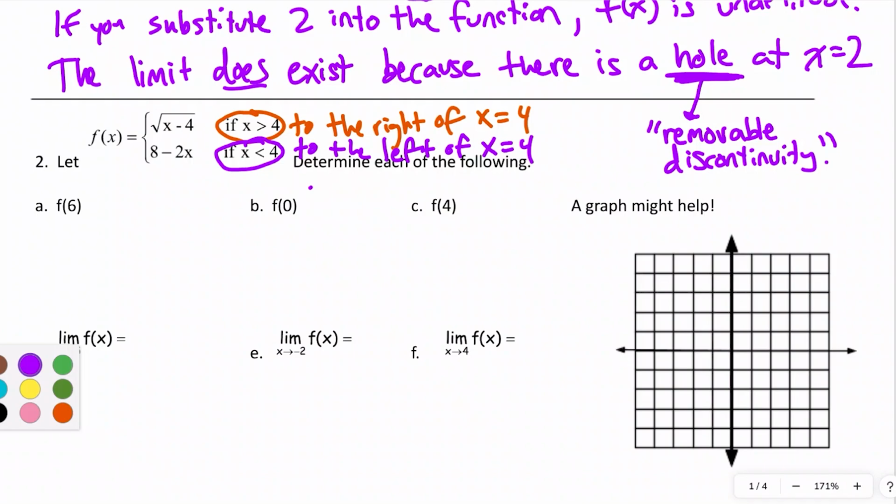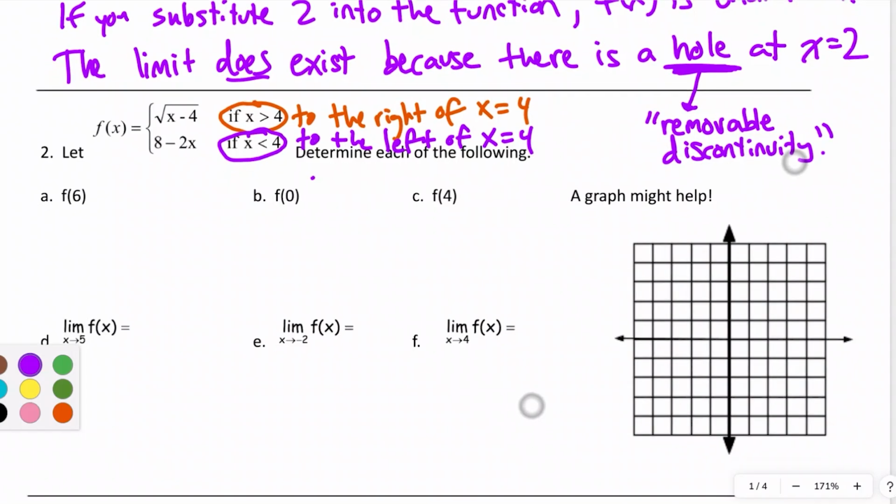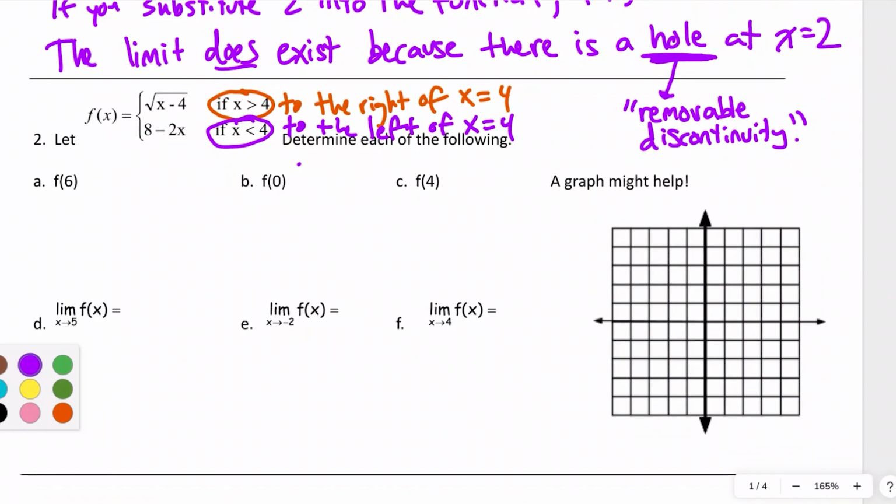So let's try to sketch this graph out. Let's start with the easier portion, the linear function. When I'm trying to sketch out a piecewise function, I sort of ignore the fact that it's piecewise when I first approach it and just try to graph the line or the curve in its entirety to begin with. So 8 minus 2x has a y-intercept of 8. 1, 2, 3, 4, 5, 6, 7, 8.